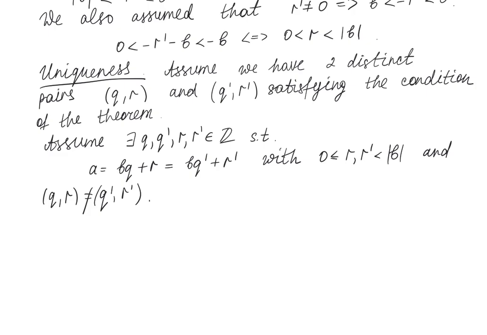So we can rewrite bq plus r equals bq prime plus r prime as just subtract bq prime from both sides, subtract r from both sides, combine like terms, and get this.